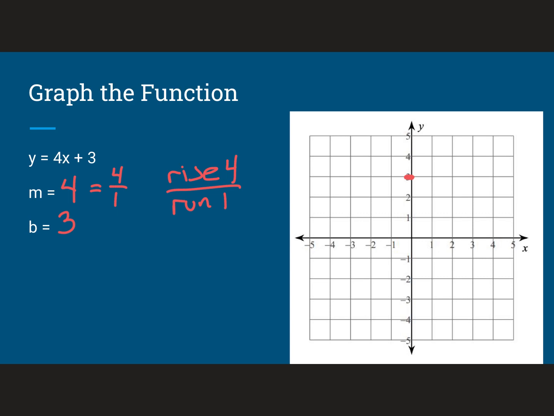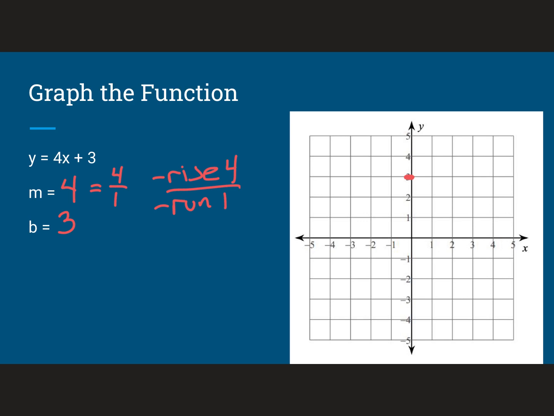So remember that this is a positive, but we can get positive by having a negative divided by a negative. So you always have that option. When your slope is negative, one of the two has to be negative. If your slope is positive, they can both be positive or both be negative. So I'm going to rise negative 4, so that means going down 4. 1, 2, 3, 4. I'm going to run negative 1, which means going left 1.